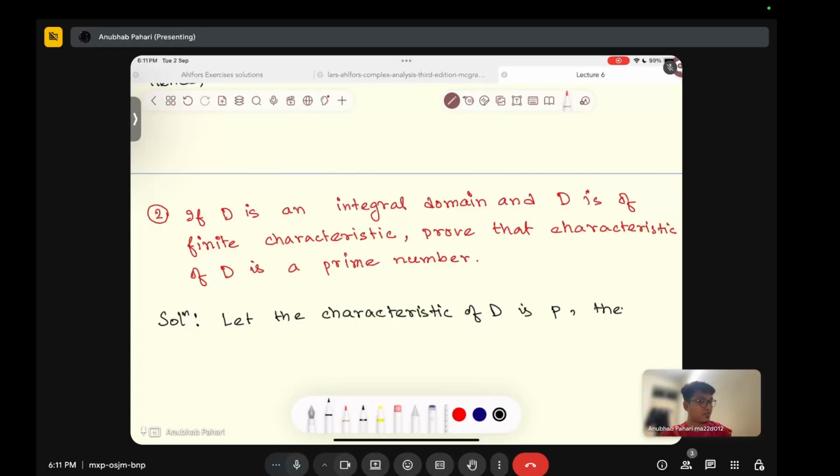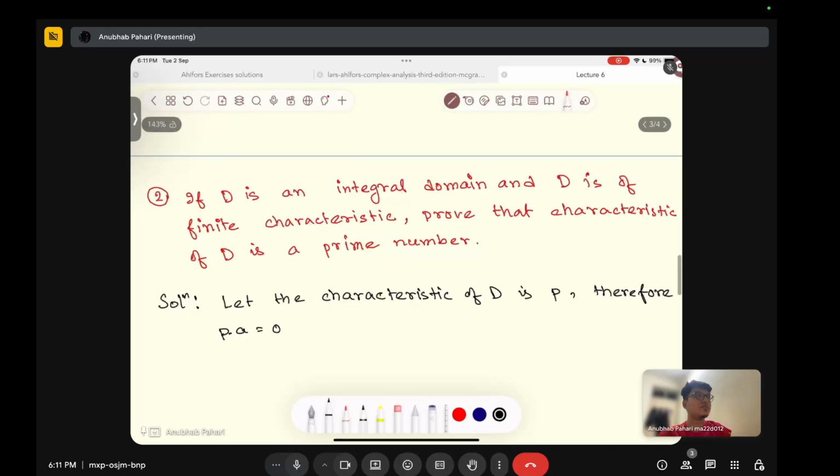Therefore, we have that P dot A equals to 0 for every A belongs to D, and say that P is the smallest such integer.